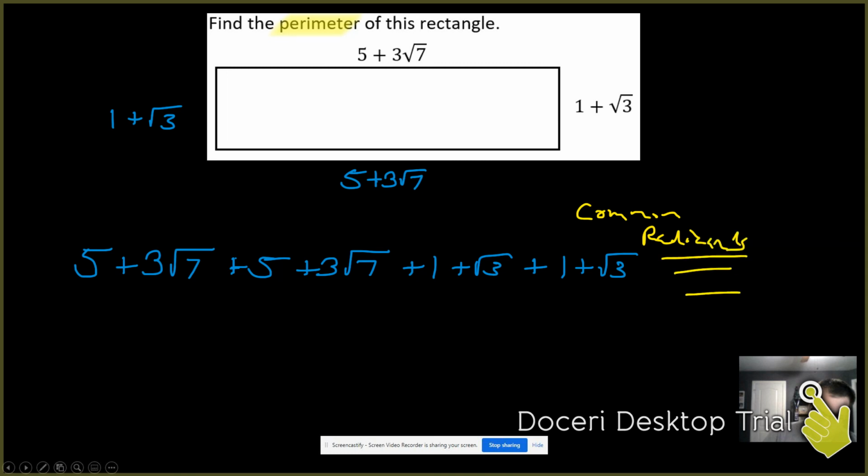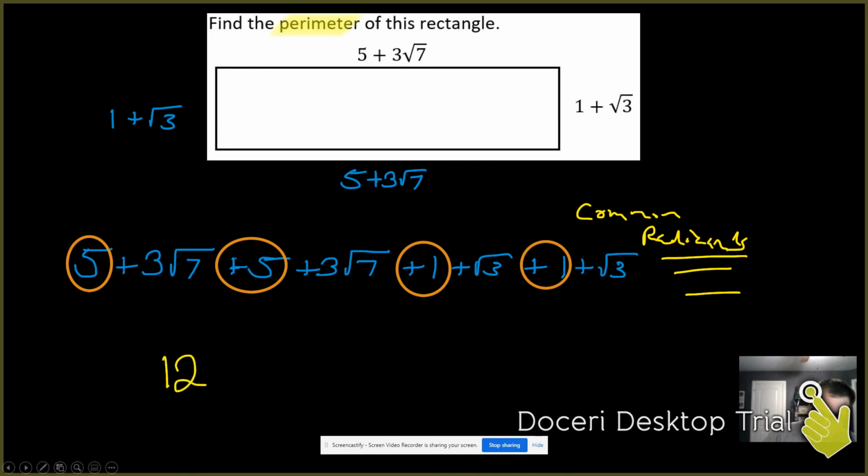So let's first just take care of the numbers. 5 plus 5, 10. Plus 1 again, plus 1. So those are just the numbers.